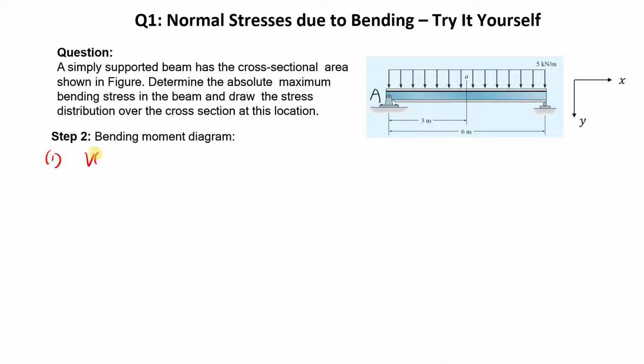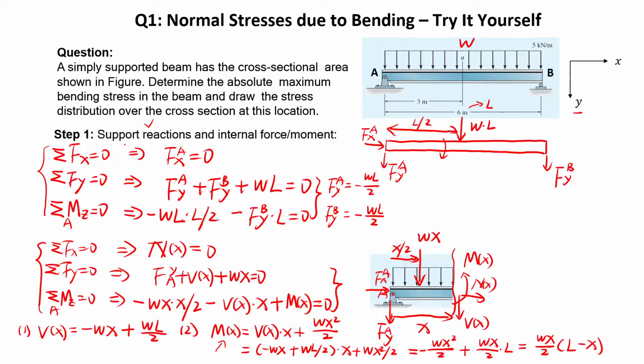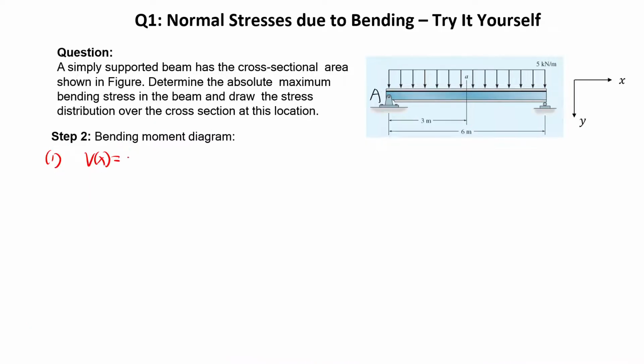Vx is minus wx plus half wL, and moment is half wx times L minus x.